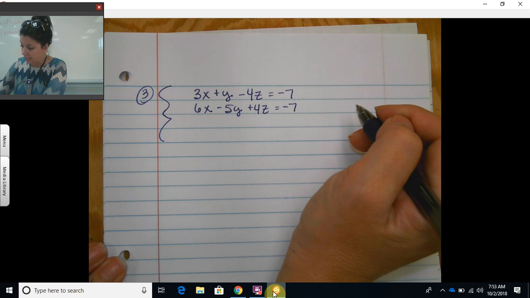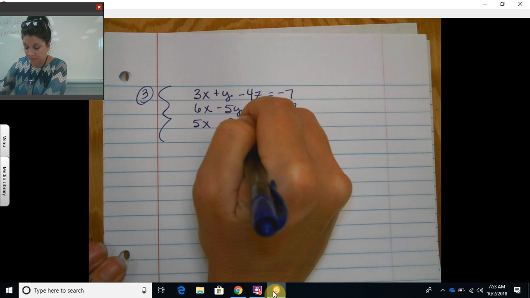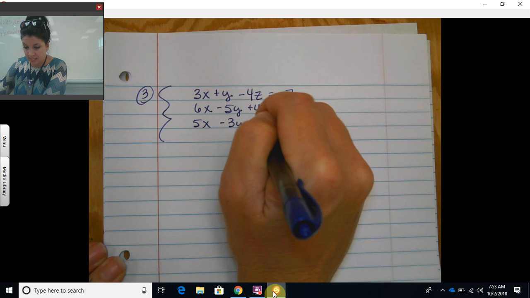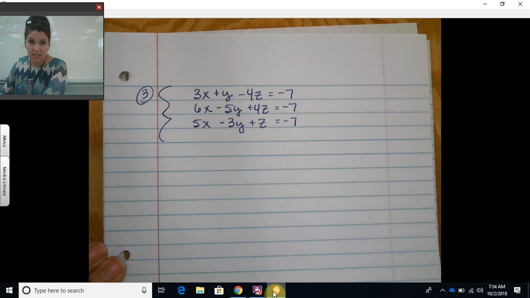And then I have 5x minus 3y plus z equals negative 7. And again, I'm going to label these equation A, B, and C.